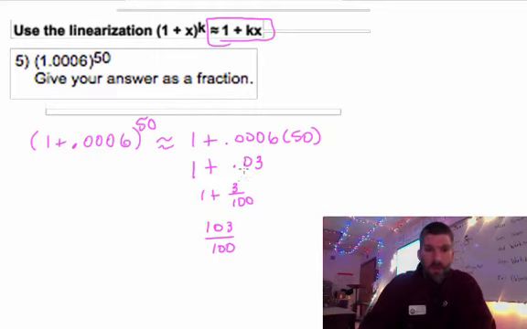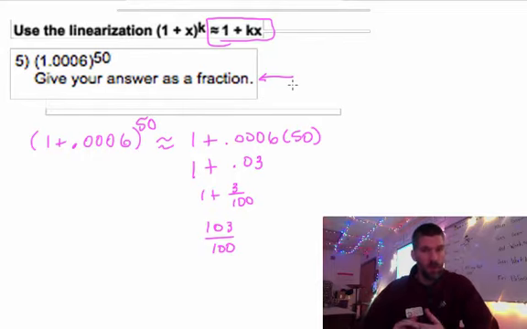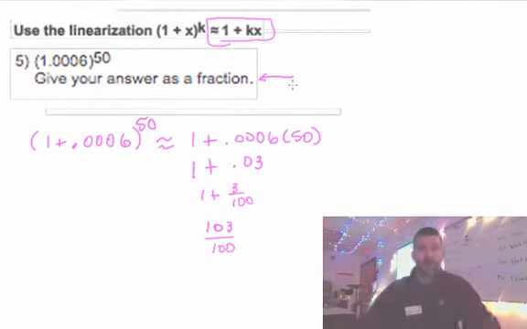Now, the reason I did it all the way down to here is because it asked for my answer in a fraction. So when they give you this linearization pattern for a little binomial, follow the pattern. It makes life just so much easier to work through. And the pattern's not hard. You just do it. You do, in this case, do exactly what it says.